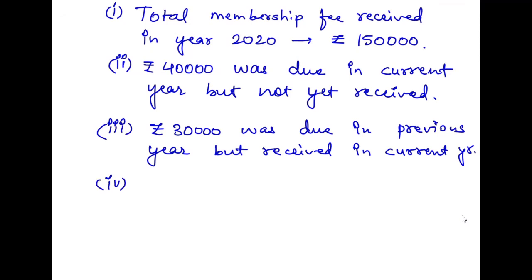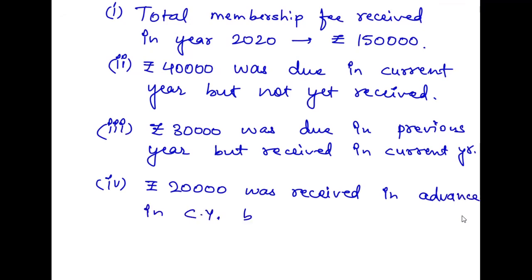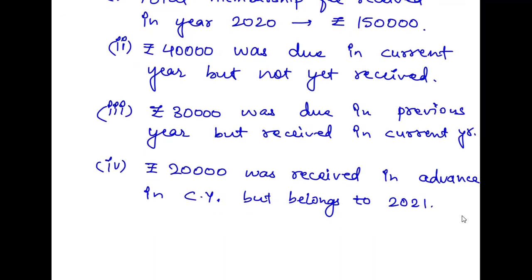Fourth, rupees 20,000 was received in advance in current year but belongs to 2021.